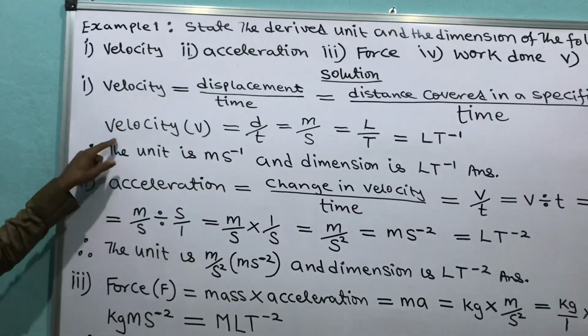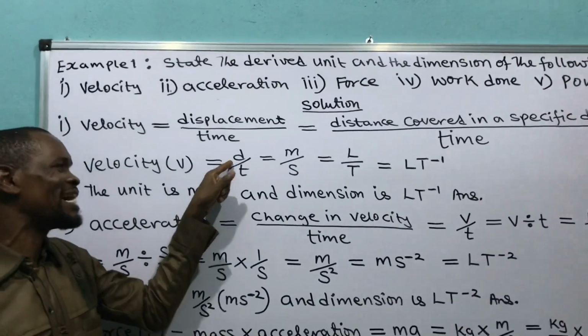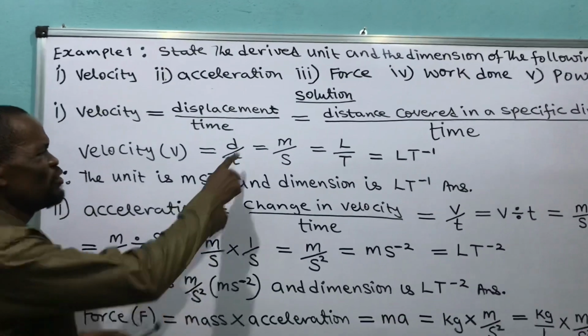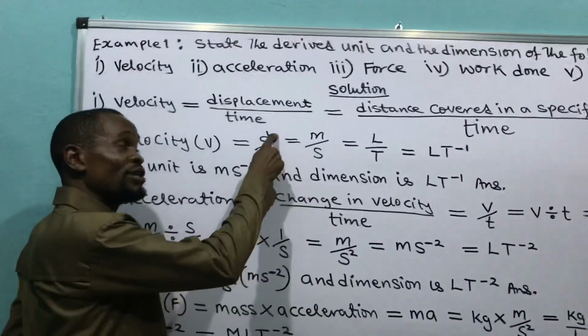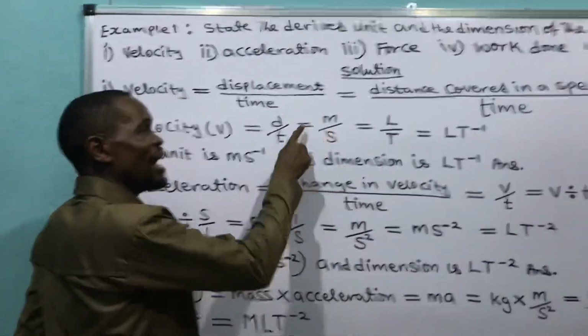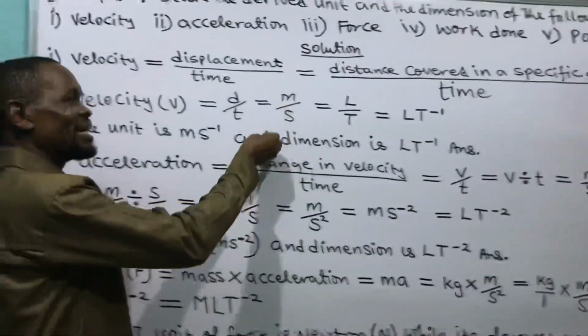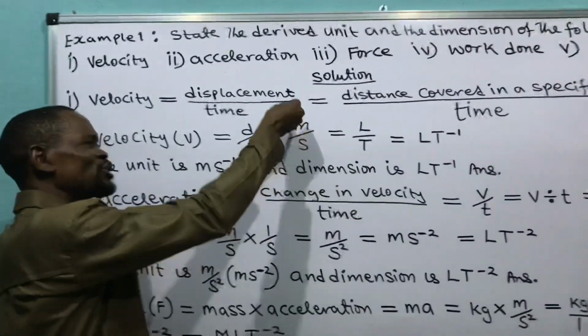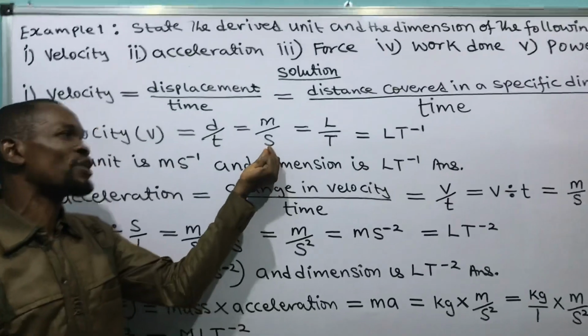Then again, velocity, which we represent with V, is equal to distance over time. The unit of distance, which is the fundamental unit of distance, is the meter, and the fundamental unit of time is the second. So velocity is a combination of two fundamental units, meter and seconds.